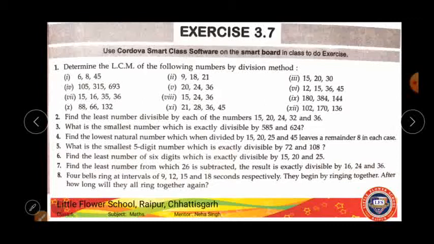They begin ringing together. After how long will they all ring together again? Once they have started ringing together, and their intervals are different, we need to find at what time they are going to ring all together again, the second time.